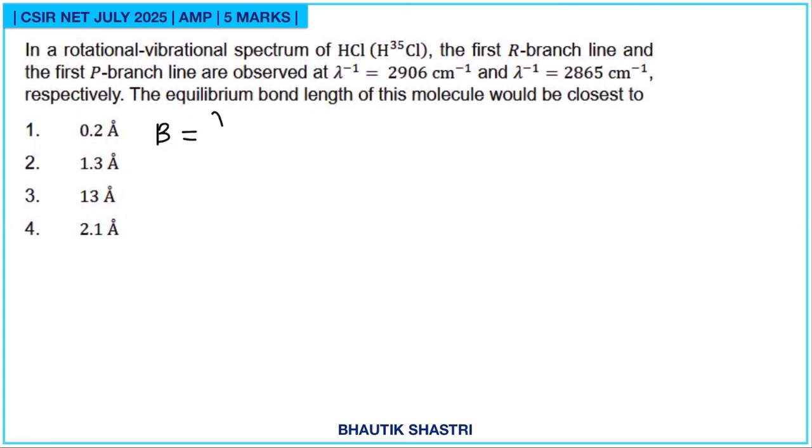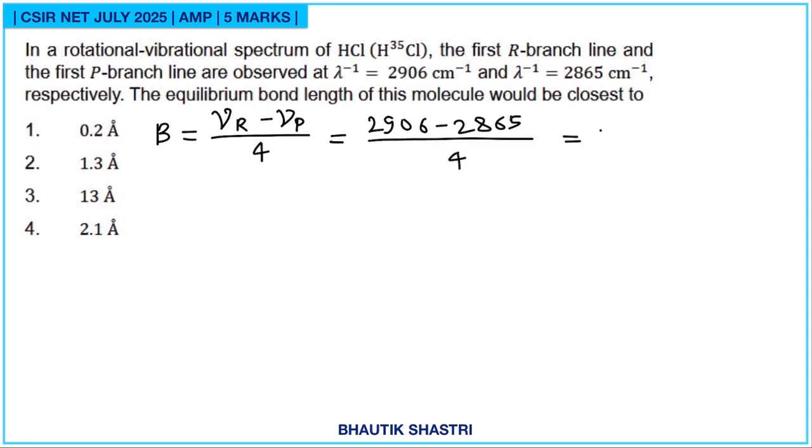B is equal to nu R minus nu P upon 4, 4 because it is the first branch line. This is equal to 2906 minus 2865 by 4, which is equal to 10.25 centimeter inverse, which is 1025 meter inverse. That is the value of B.